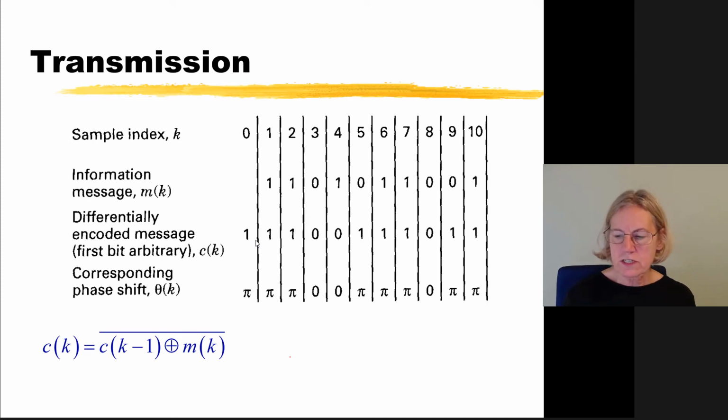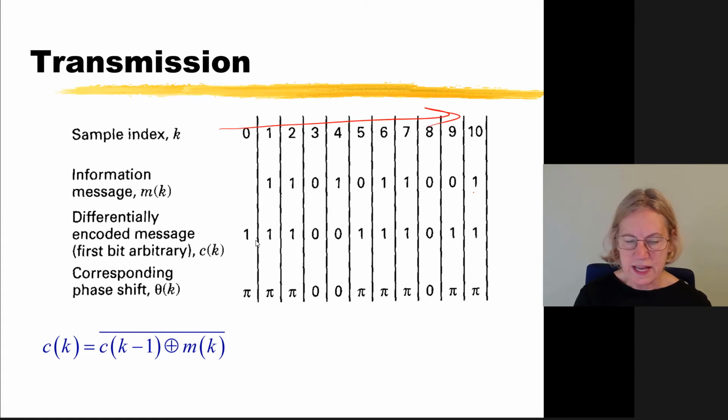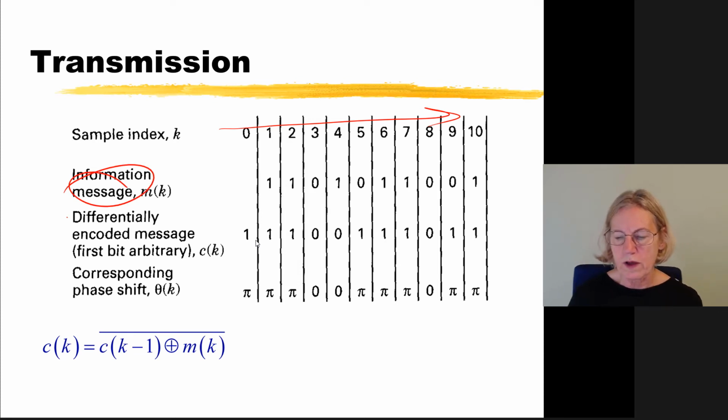These are just time going on. This is my set of messages, the information I want to transmit, logic 1, logic 0, etc. And I want to differentially encode this. Let's see how we can use this pre-coding.